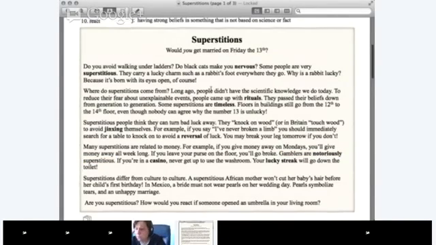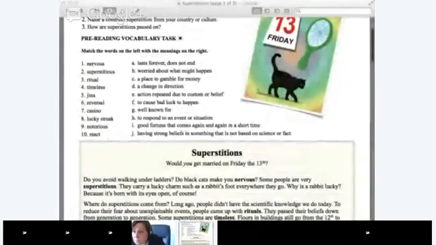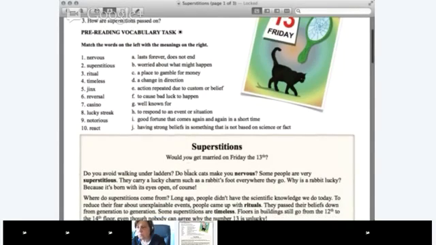And what about number 10? Can we do that as a class? What is react? To respond. Exactly. Good job, guys. To respond to an event or situation. All right. Good job.